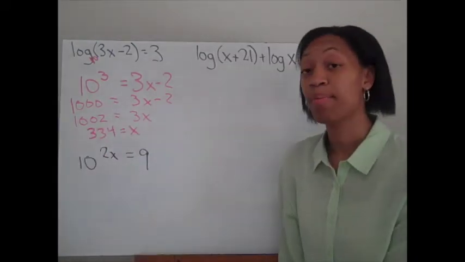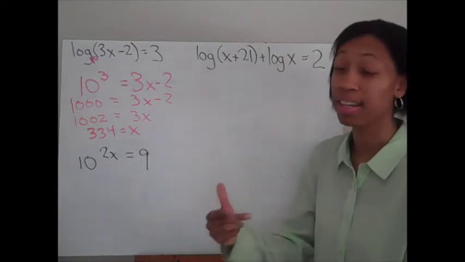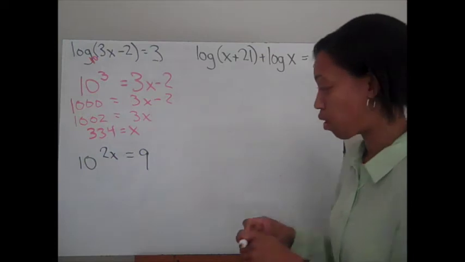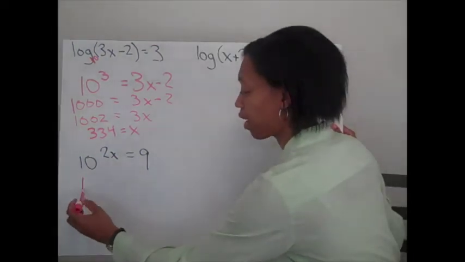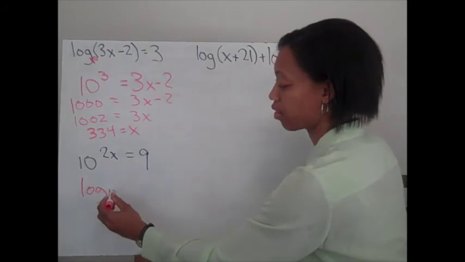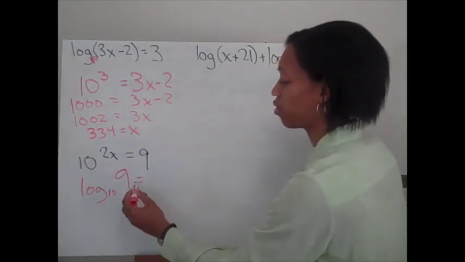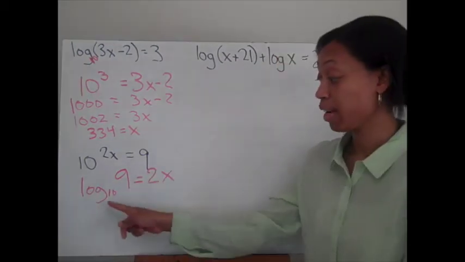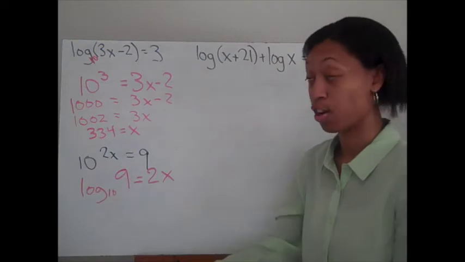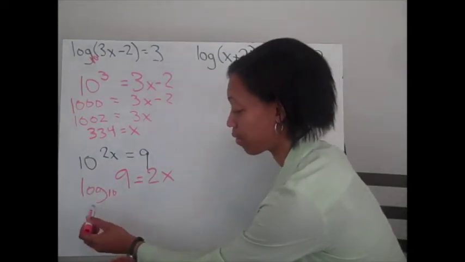Sometimes we can solve equations by taking the exponential and rewriting it as a log. So let's see, as a logarithm, what would this be? We're going to have log to the same base of 10 of 9 equals 2x. When we get ready to put this in our calculator, we're going to use our change of base formula to help us solve. So this is log of 9 over log of 10.